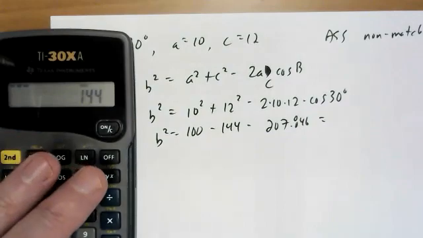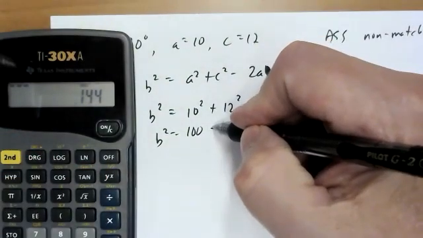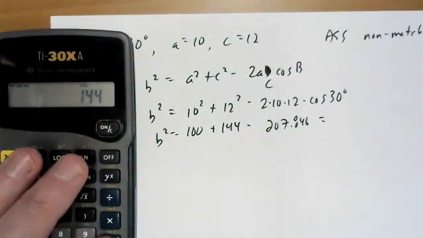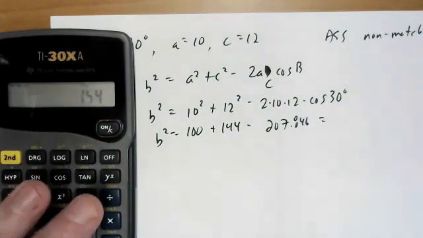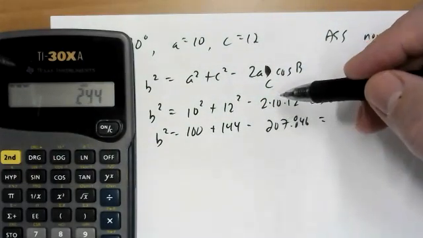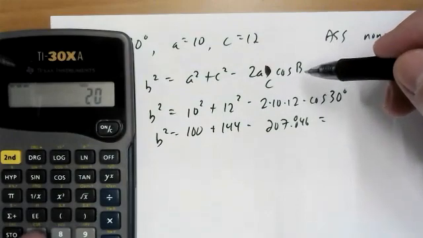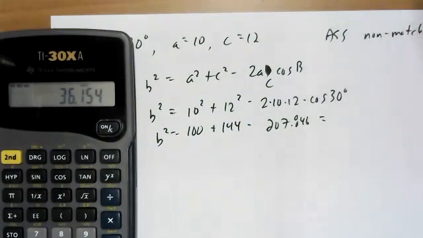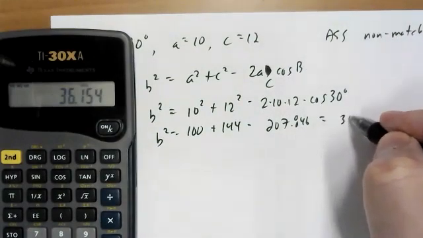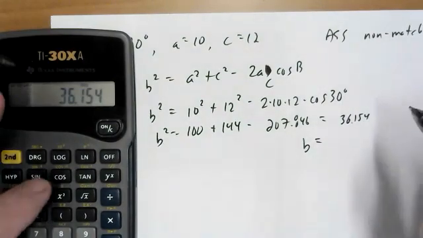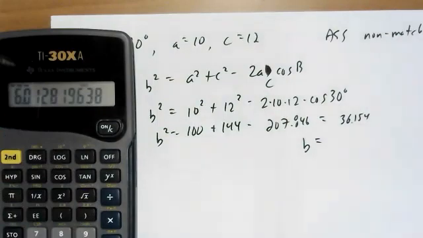Wow, I can make mistakes. It should be plus. So 244 minus 207.846, 36.154. So the square root of that will be B, which is 6.01.